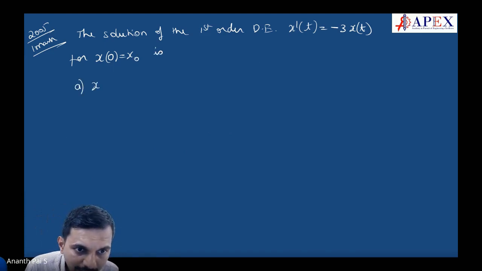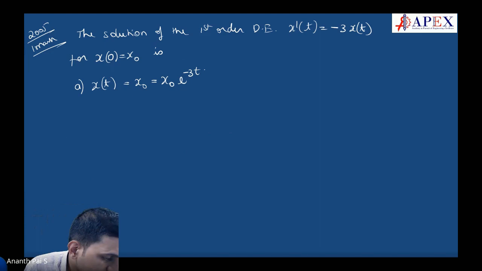A, x of t is equal to x naught into e power minus 3t. B, x of t is equal to x naught into e power minus 3.